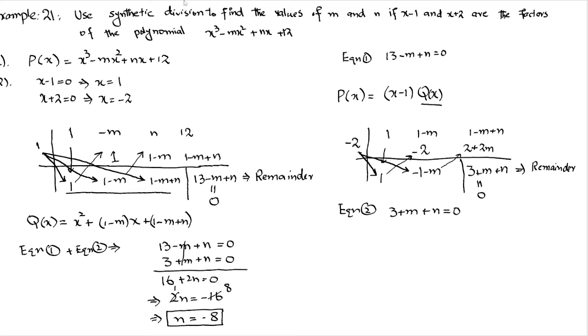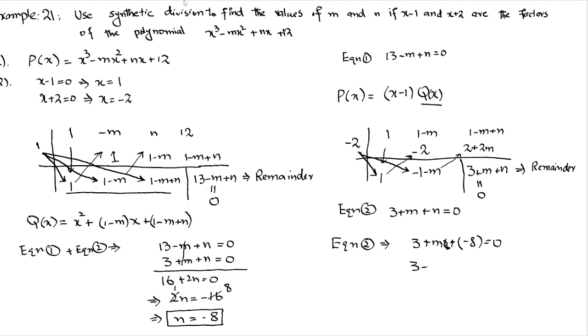Now we will insert the value of n is equal to minus 8 in equation number 2. So equation number 2 implies that 3 plus m plus the value of n, minus 8, is equal to 0.